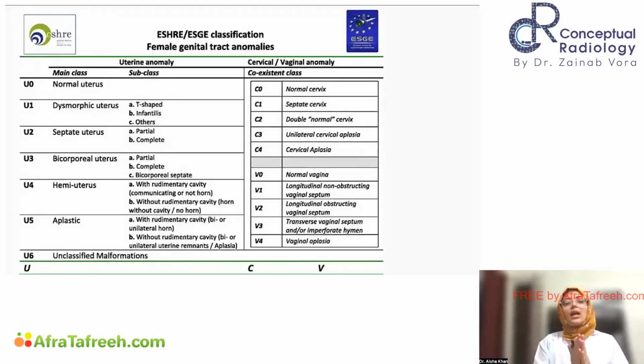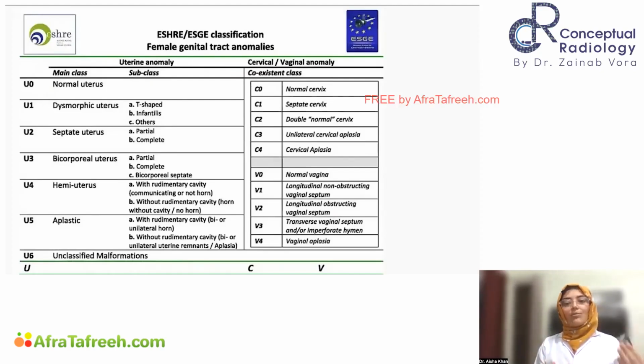Okay, so we start with normal uterus, which is 0. 1 is dysmorphic, 2 is septate, partial and complete. The 3 is bicorporeal, and you can look over here. There is partial, there is complete, and there is bicorporeal septate. Then we have hemiuterus, which is like unicornuate with rudimentary horn, without horn, aplasia, and then we have unclassified.